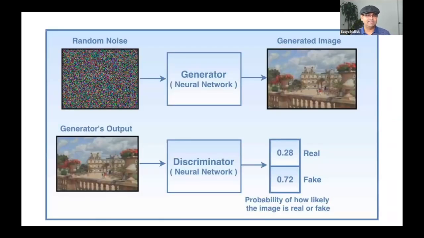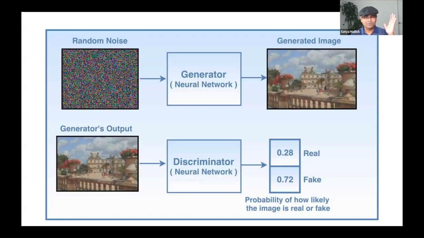So here is an example. You start with random noise, you pass it through the generator, and the generator tries to create an image. And the job of the discriminator is to look at that image and say whether it is actually real or fake, right? Whether it is from that distribution or not. And so there is this tension between the student and the teacher.